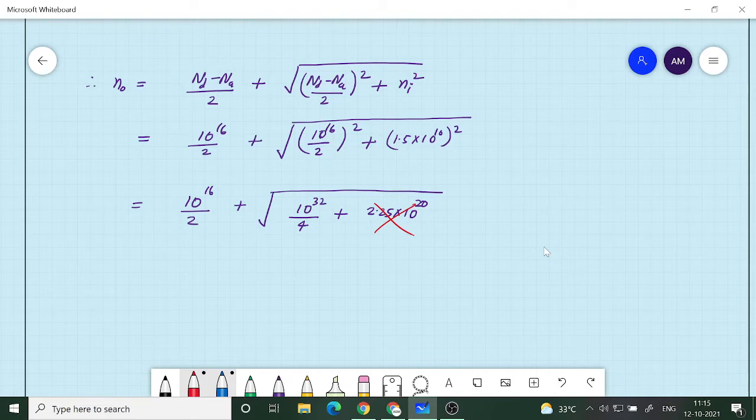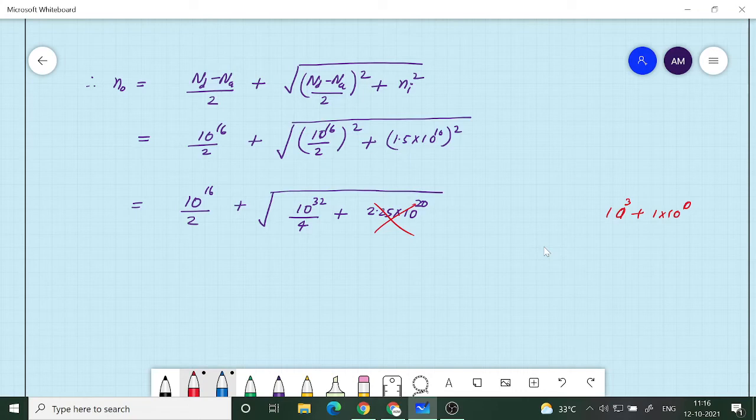So when you add, for example, let's say 10 raised to 3 plus 1. So this is 1 into 10 raised to 0.